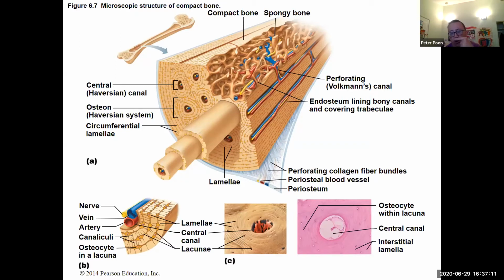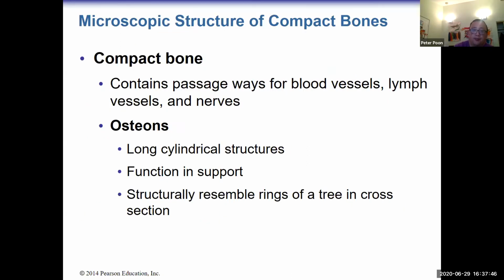That little channel is called a canaliculus, or canaliculi, which literally means small canal. You probably want to replay this part at least once because you have to know all the parts of the osteon. Moving on.